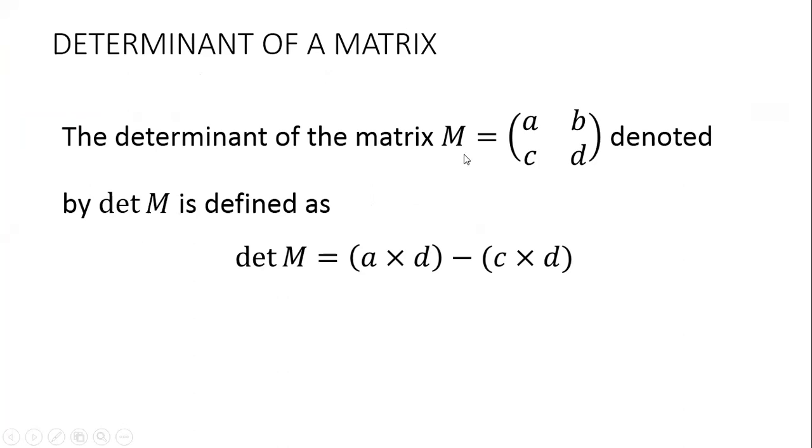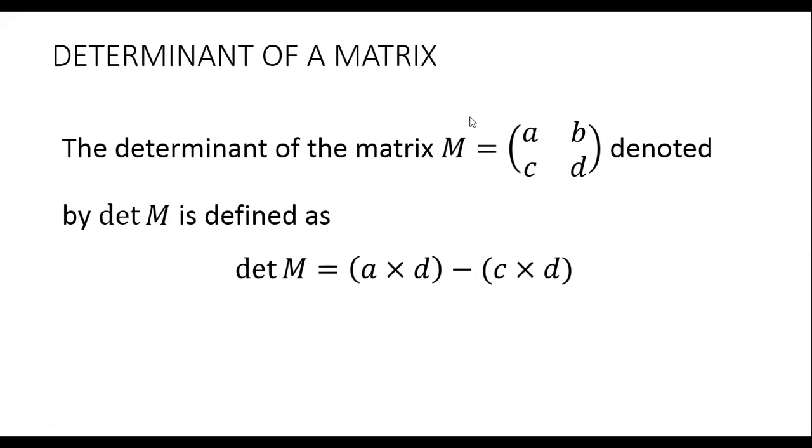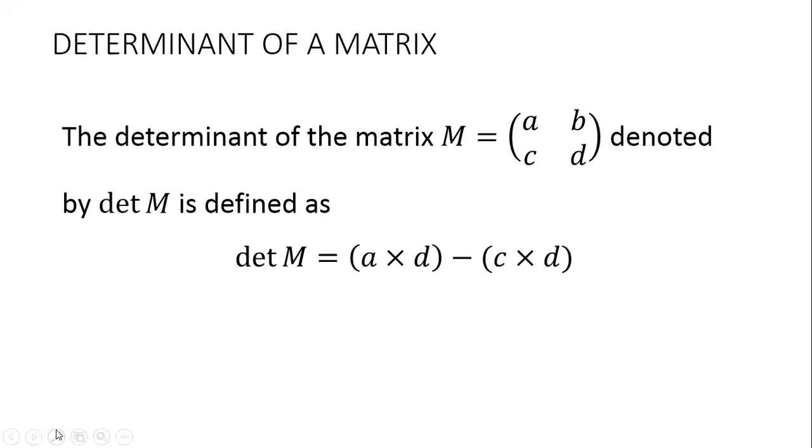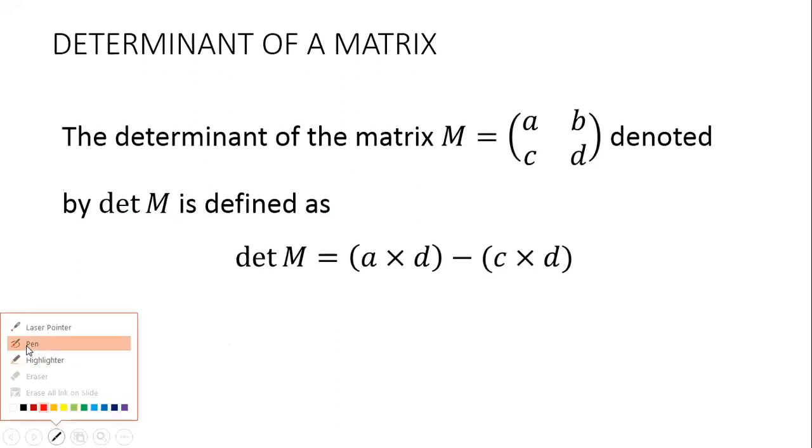So here we are given a matrix M, which is A, B, C, and D. And we are saying the determinant of the matrix M, denoted by det M, is defined as getting the product of the major diagonal.